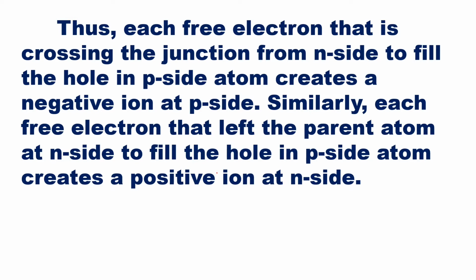Similarly, each free electron that leaves the parent atom at the n side to fill a hole in the p side atom creates a positive ion at the n side. So this is how the ions are formed.